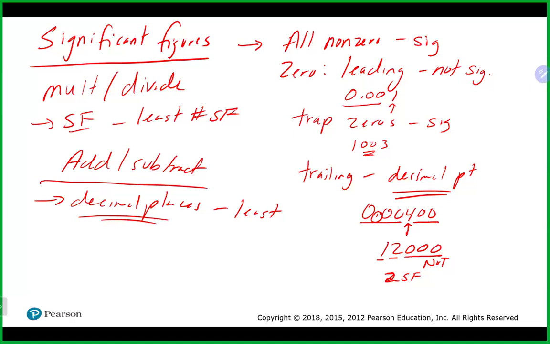So when we're adding and subtracting, our worst one would be the one with the least number of decimal places. And when we're multiplying or dividing, it's the one with the least number of significant figures. That determines how good your calculation can be, based on that last one.